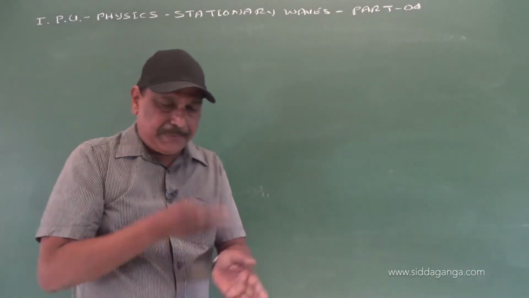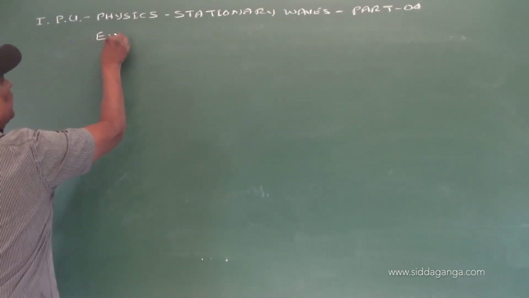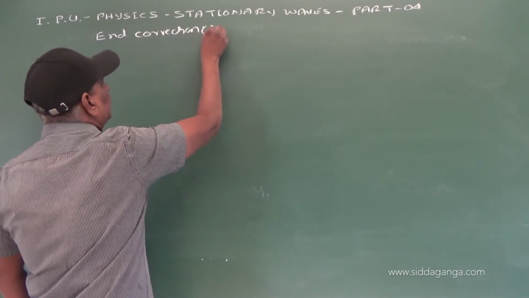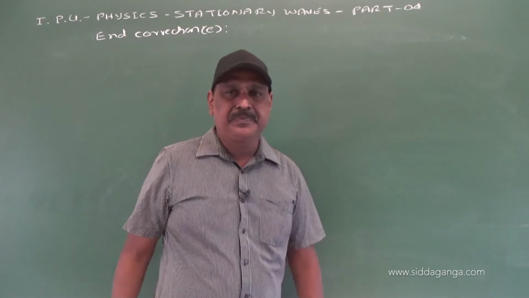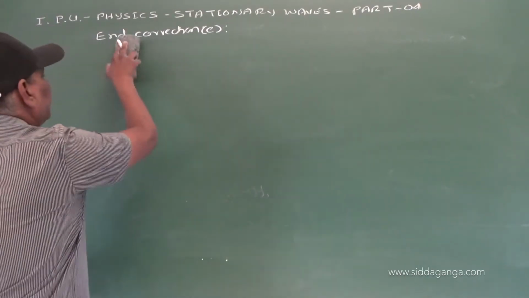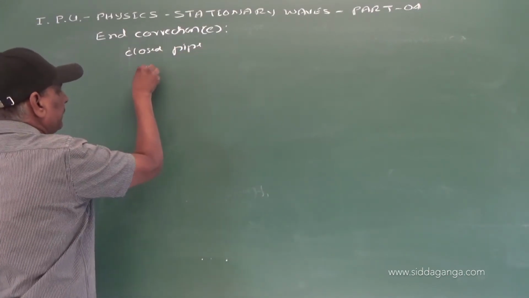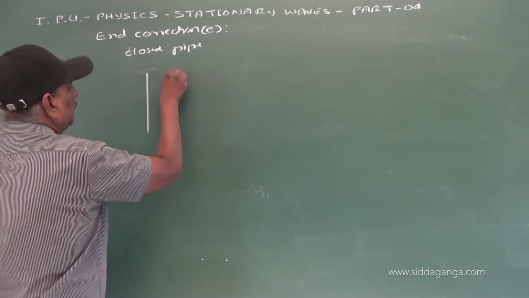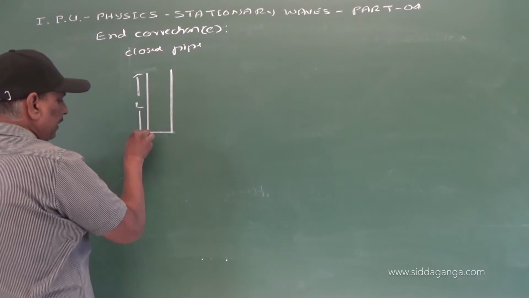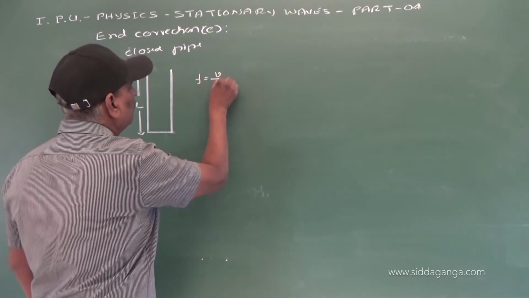Now, we are left with two small concepts, that is end correction, denoted by E. If we consider a closed pipe of length L, in the first mode of vibration the fundamental frequency is equal to V by 4L.